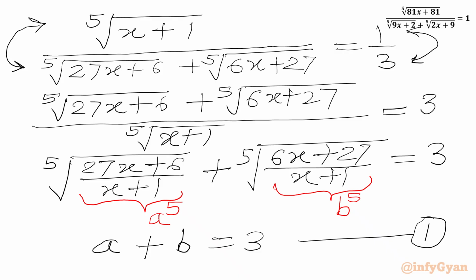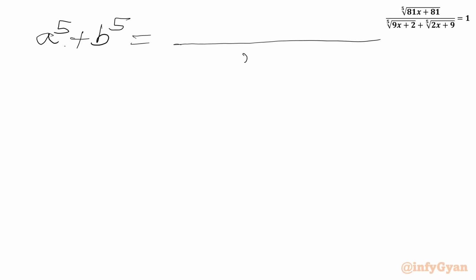Now we will add a power 5 and b power 5. Let's check what will come out. So we will write our common denominator. We will write a power 5 plus b power 5 equal to, common denominator x plus 1. Now we will add the numerator terms 27x plus 6 plus 6x plus 27.